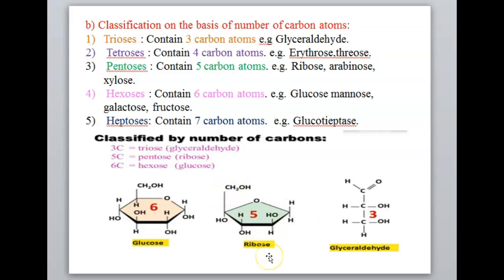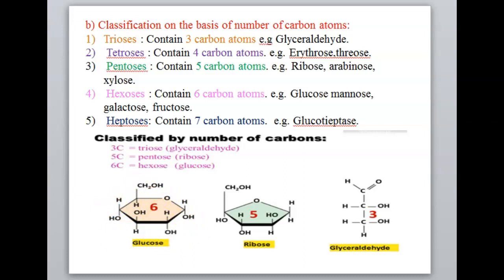The example is this ribose. Next one is glucose. This comes under the hexose sugars, which contain 6 carbon atoms. So this is 1, 2, 3, 4, 5 and the 6th carbon atom, that is called a hexose.